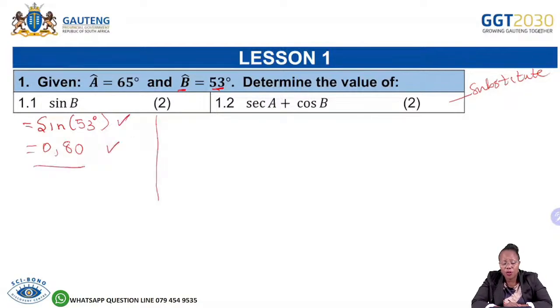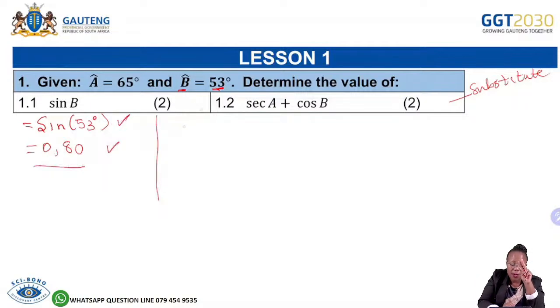And then with 1.2, we are having a sec. That means we are having a reciprocal, because on your calculator we have only buttons for sine, cos and tangent. There's no button for sec. That means if you're having a sec, you must write it as its reciprocal. Do you remember sec goes with the cos? Okay.